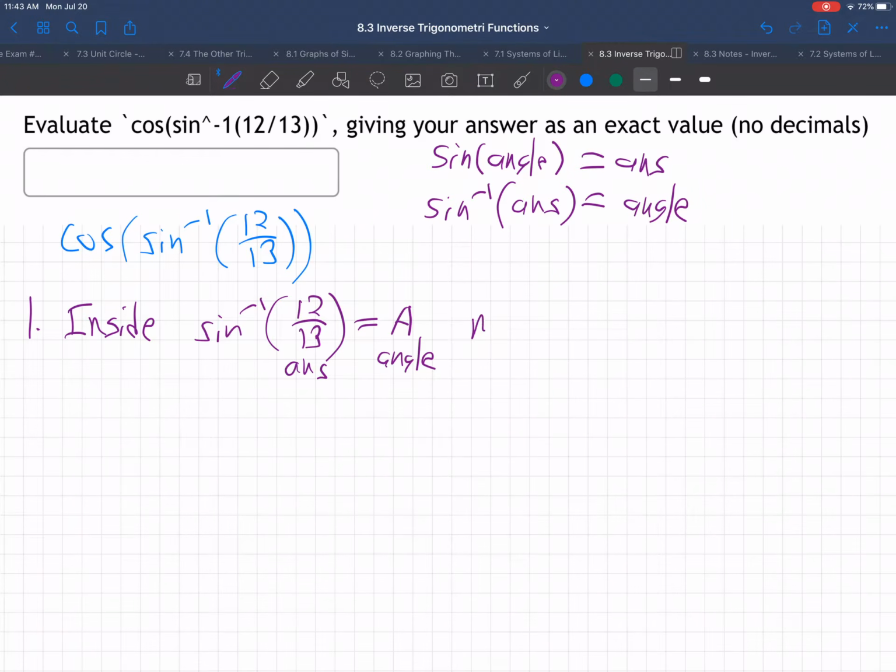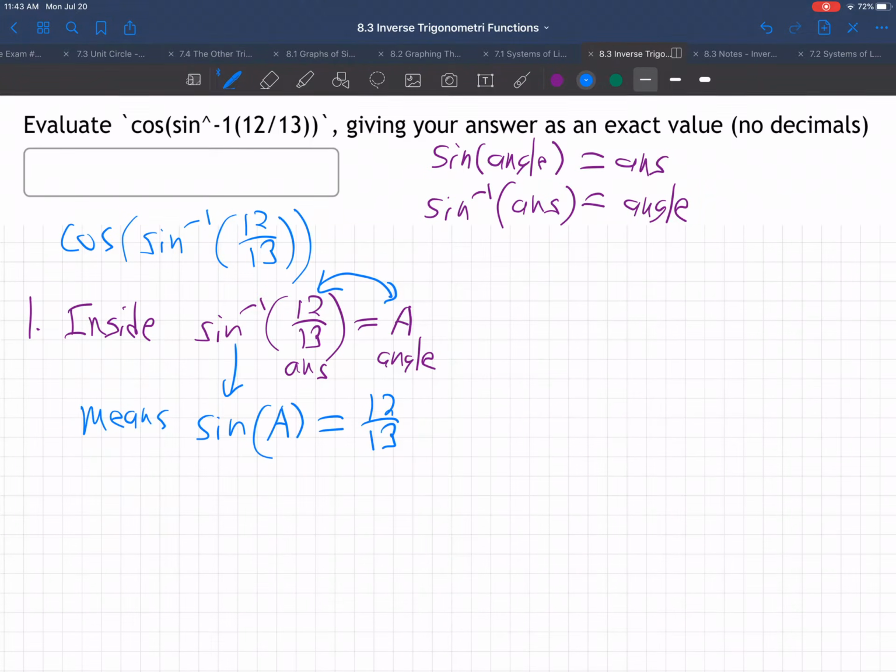So that means that the regular sine of that angle A, in fact, let me just write it down here because it's important. See how I went from sine inverse to regular sine of that angle. You can just swap them back and make it normal sine.